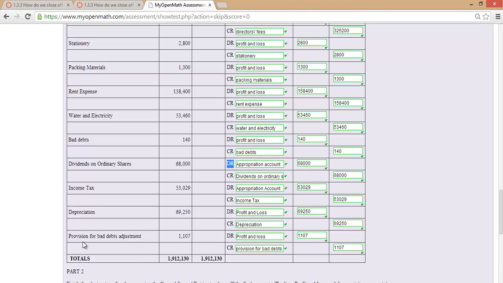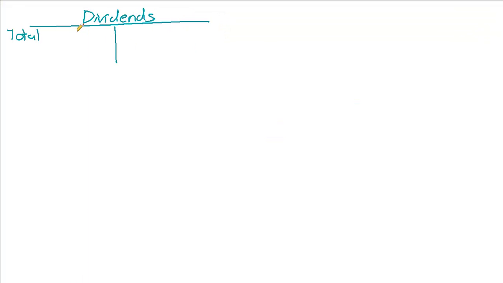So we've got our dividends account, which is considered to be a negative equity account, so that's why it's got the total on the debit side. The total here is 68,000 Rand. Alright, 68,000 Rand.